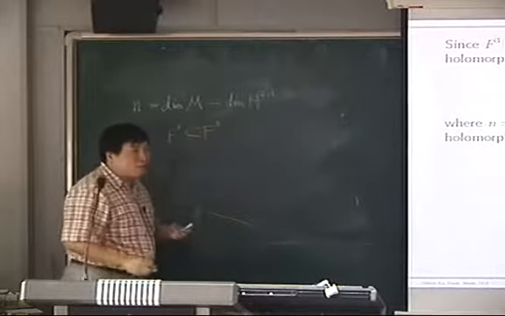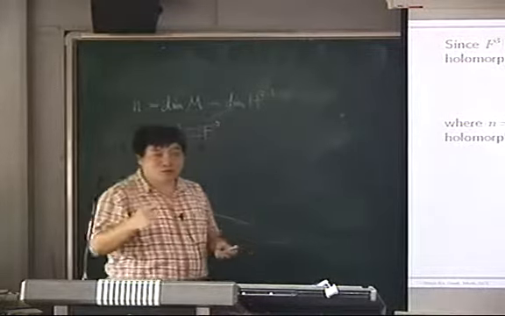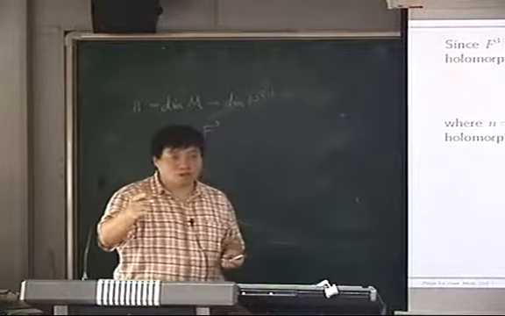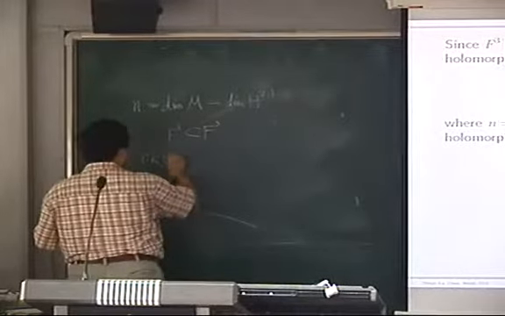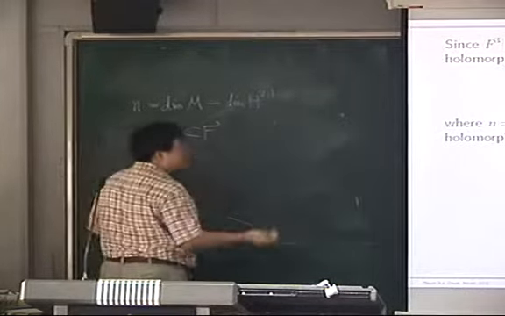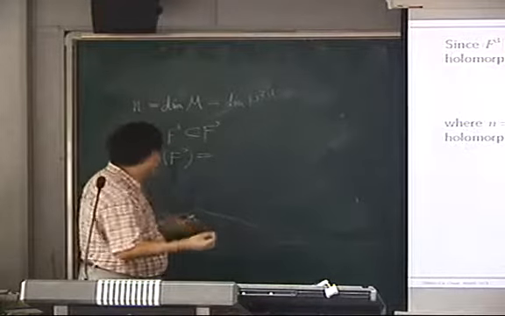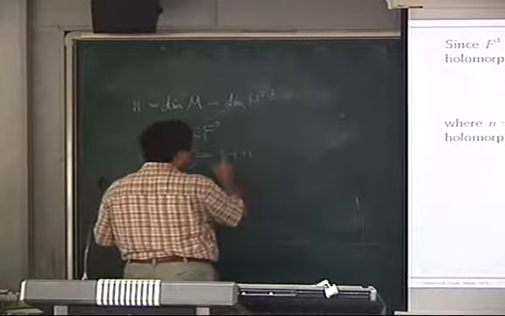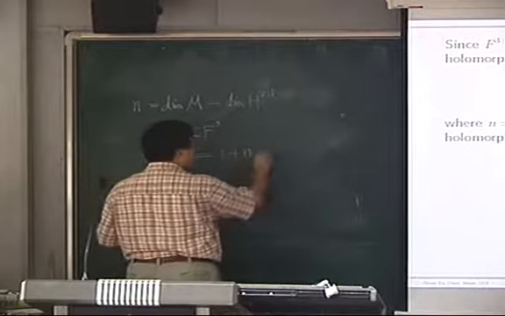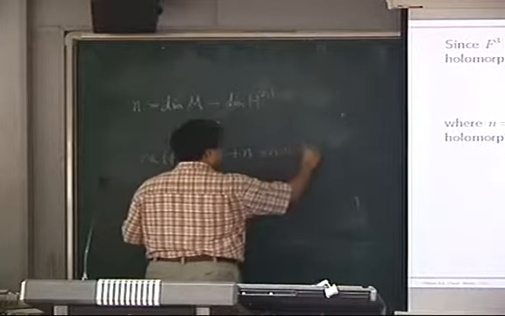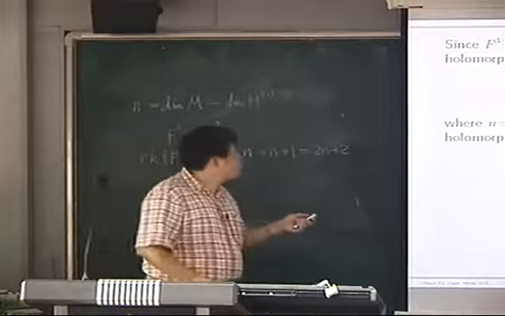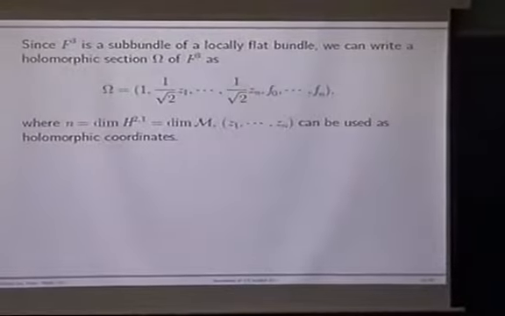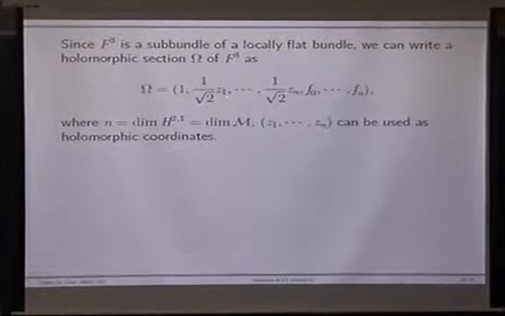But what is the rank of F0? Remember, F0 is H^{3,0}, H^{2,1}, H^{1,2}, and H^{0,3}. So basically the rank of F0 is the dimension of the H^3 cohomology group, which is 1 plus n, plus n, plus 1: it's 2n plus 2. And since F3 is a subbundle of this rank 2n plus 2 flat bundle, we can write any holomorphic section in terms of this.